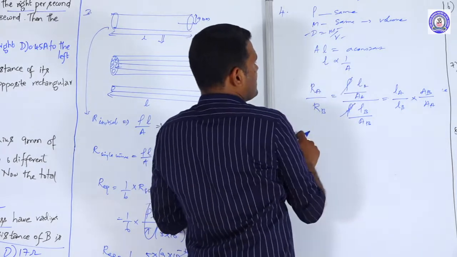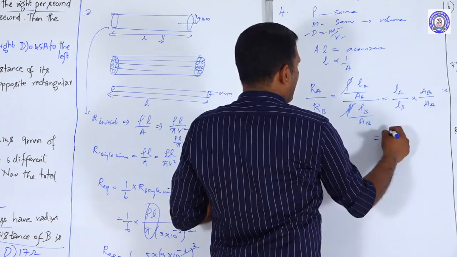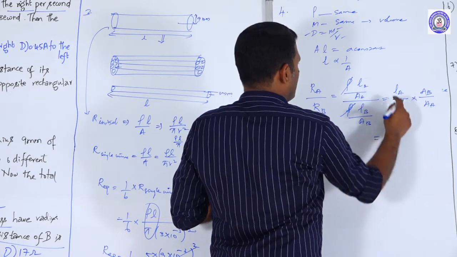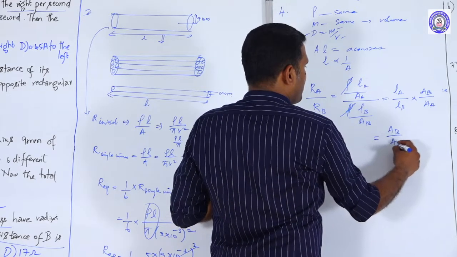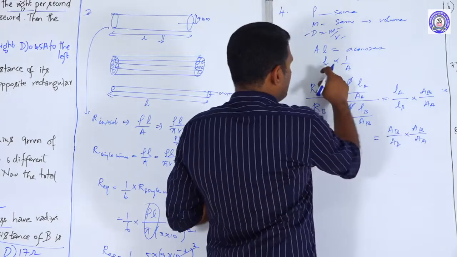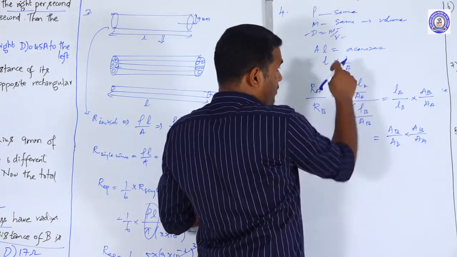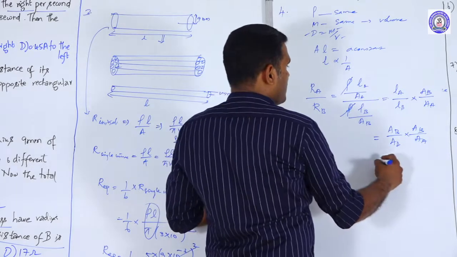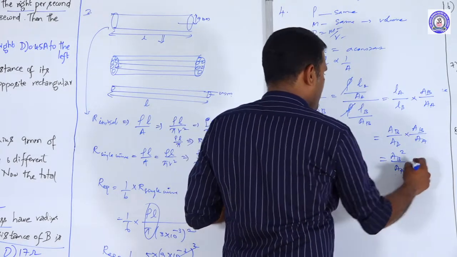L and A are inversely proportional, so LA divided by LB is AB divided by AA. Instead of LA by LB, I have taken the reciprocal of AB and AA. So this is equal to AB square divided by AA square.